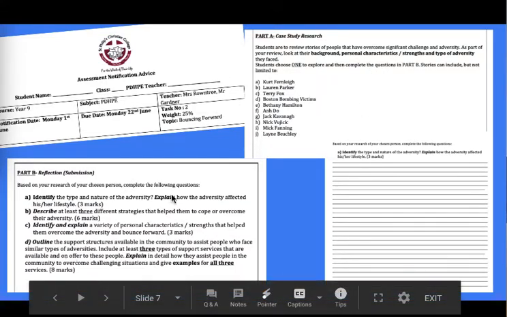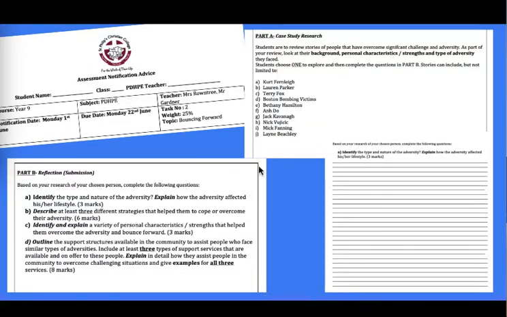The second one is your reflection. But there are a lot of steps in the reflection section of your assessment task as well. So in a moment, we're going to look at how we can break this down into smaller, more manageable steps, rather than just looking at two really large chunks of work, researching, and then answering all of these questions in one go.